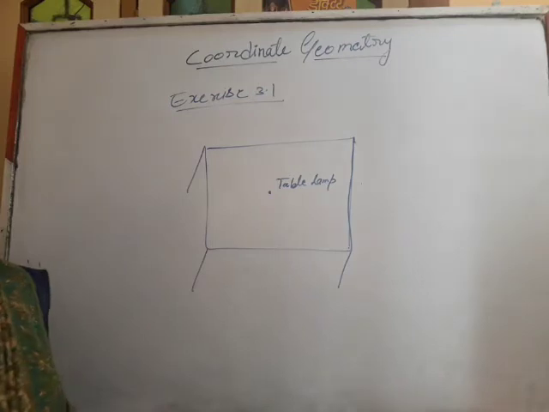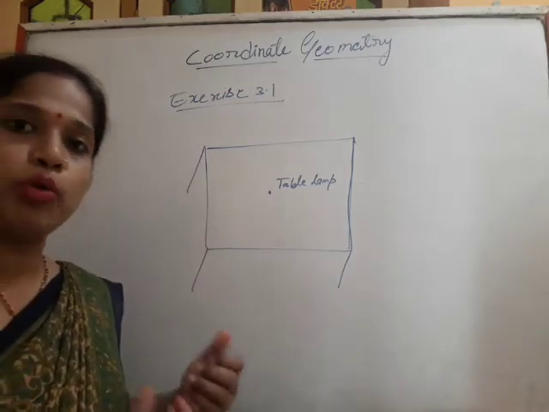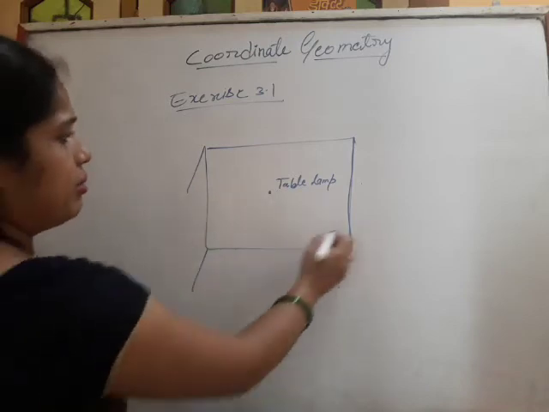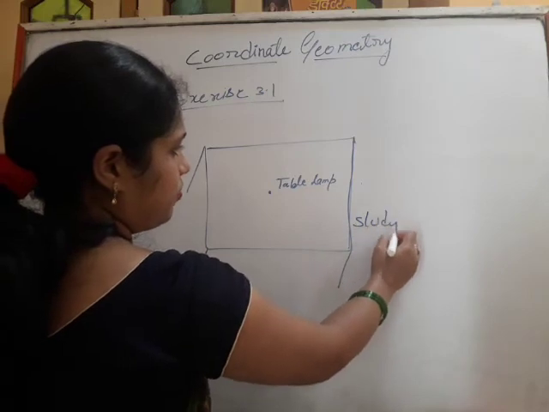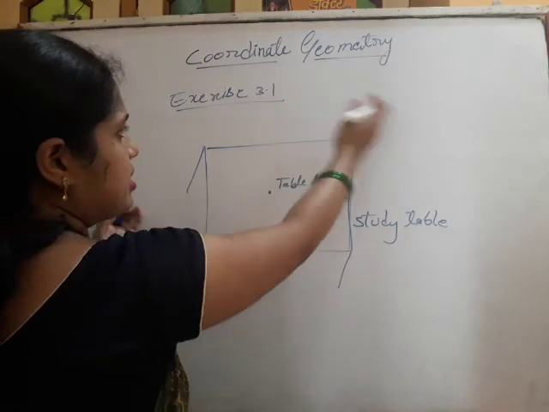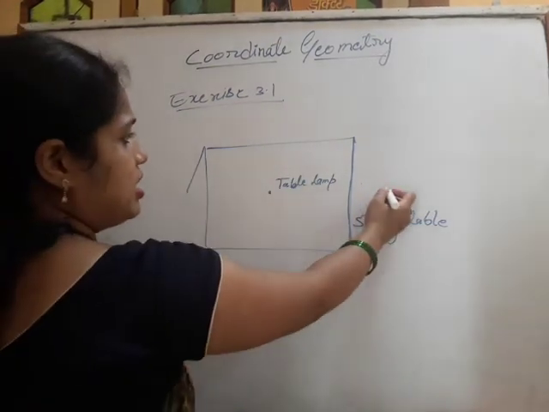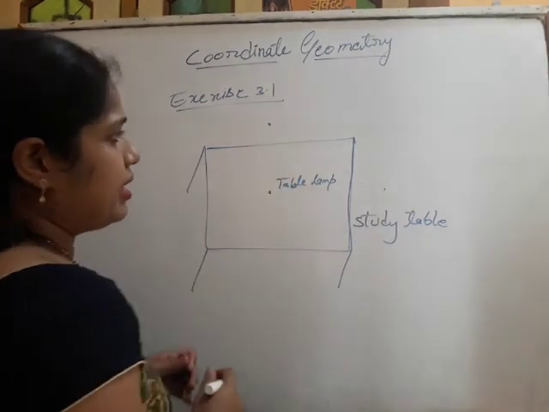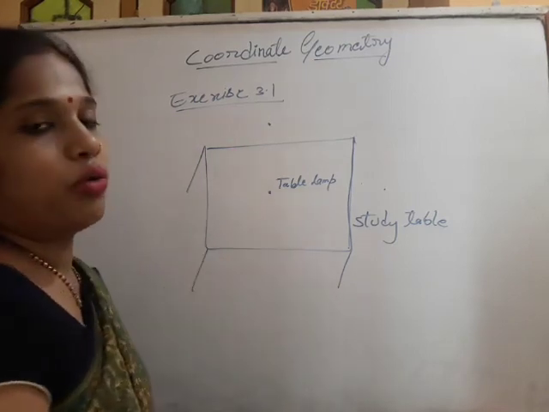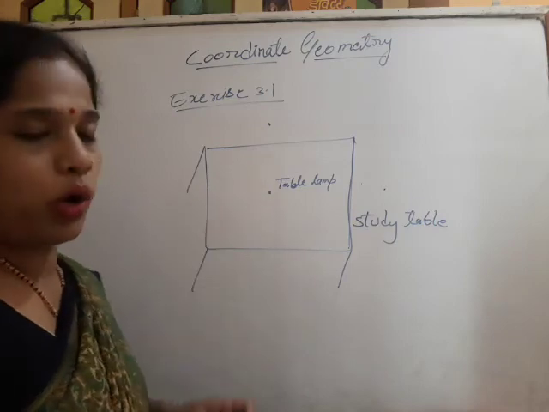So how do we find the position of this table lamp with reference to this study table? Suppose the person is standing anywhere, here or here. It depends on where the person is standing what the position of the table lamp on the table will be.